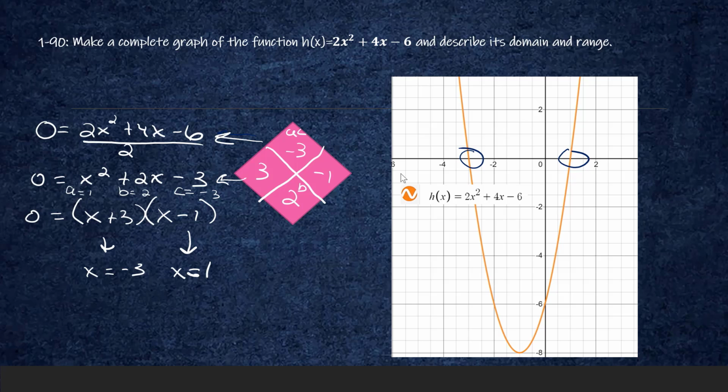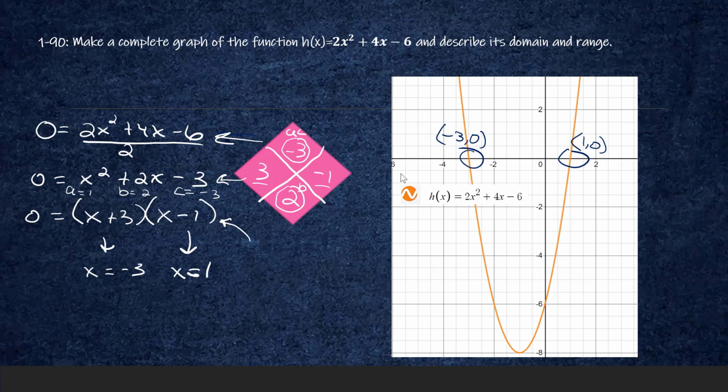And you'll see that what two numbers multiply to -3, because it's -3 times 1, and add up to 2? That's 3 and -1, which you see here in my parentheses. That means x equals -3 and x equals 1, and those are my solutions. So this is -3, 0, and this is 1, 0.